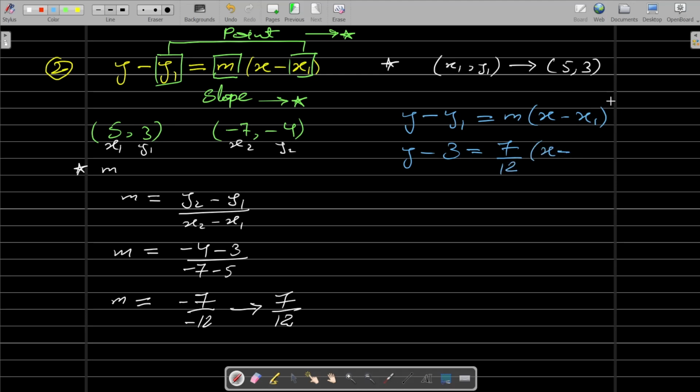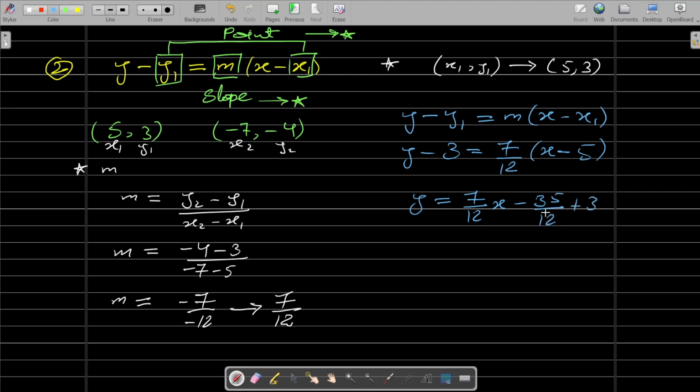X minus x1, the value of x1 over here is 5. Now all you need to do is just do little simplifications. So it will be y is equal to 7 over 12 x minus 35 over 12 plus 3.